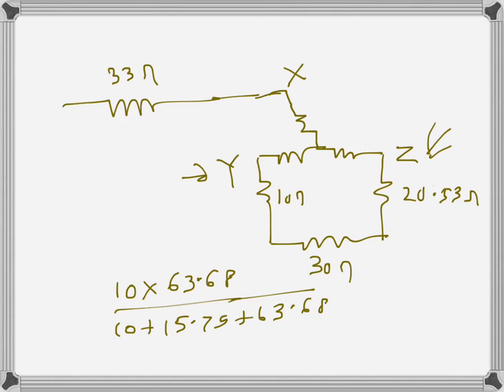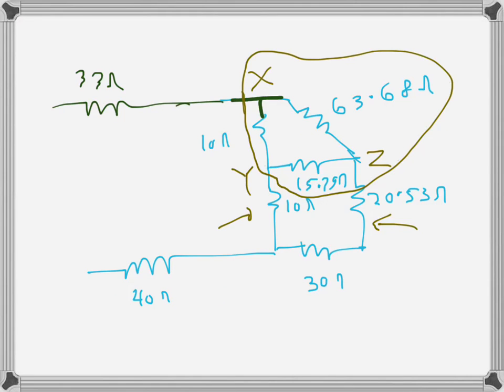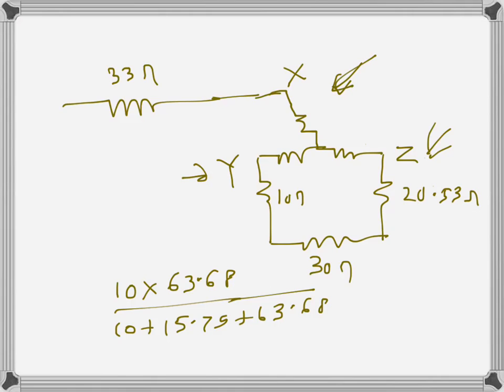This will be the value of that resistance connected to node X. And that becomes, I have done the calculation, but I hope you can double check as well, 7.12 ohms there.